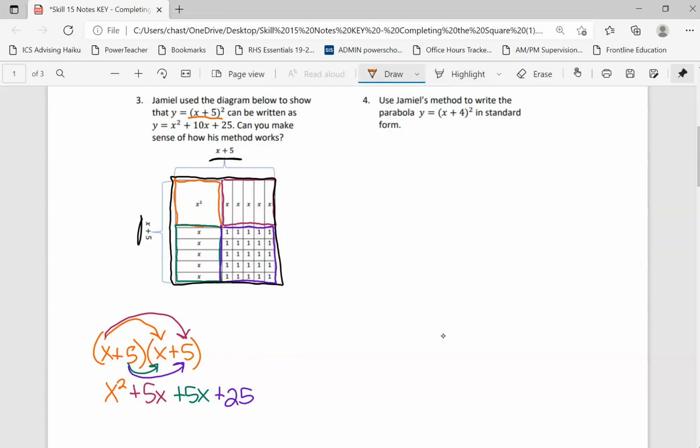So if I were to try this out on x plus 4 squared, I know that I'm going to draw a big old square, and I know I'm going to have x plus 4. So what that means is, and then this will be x plus 4.